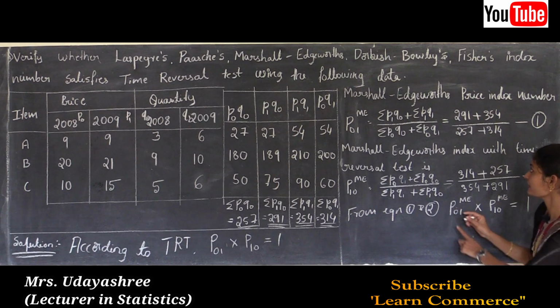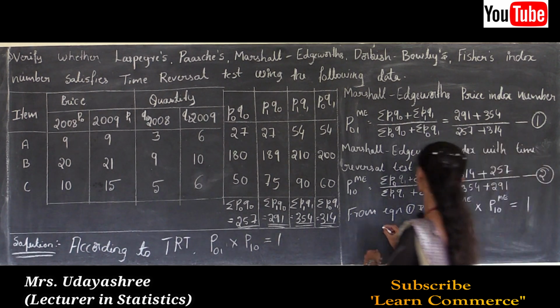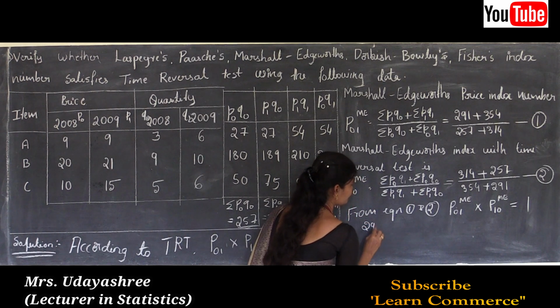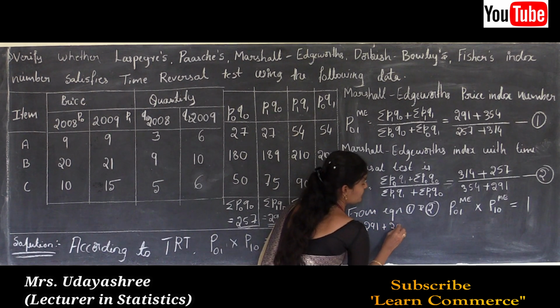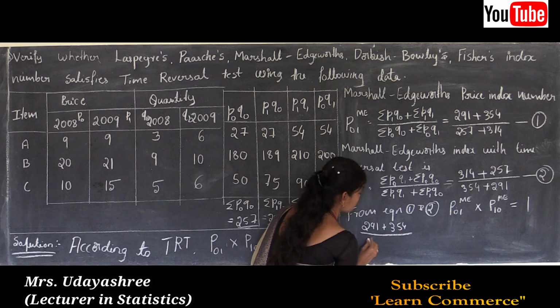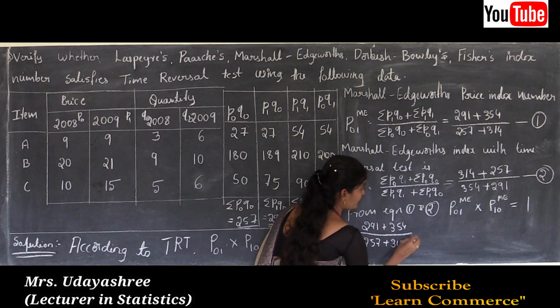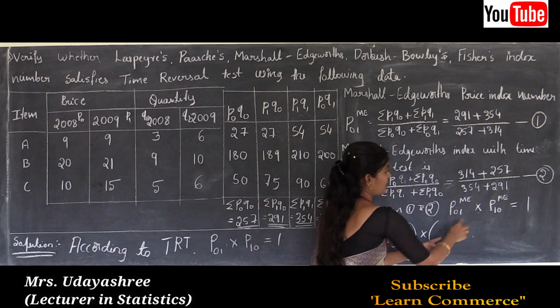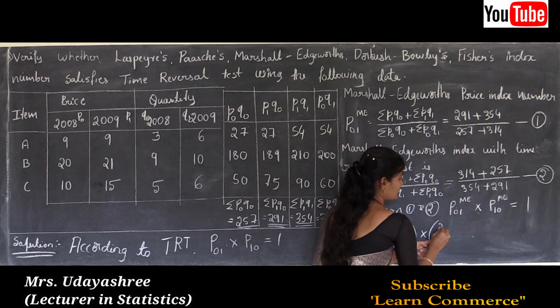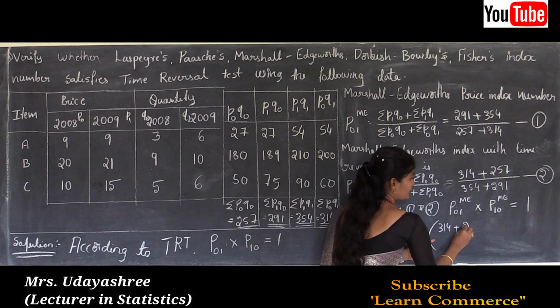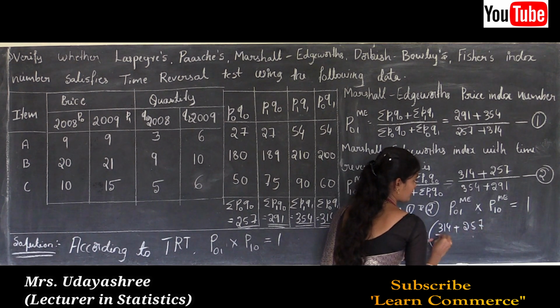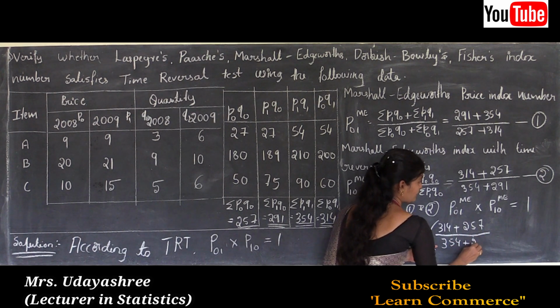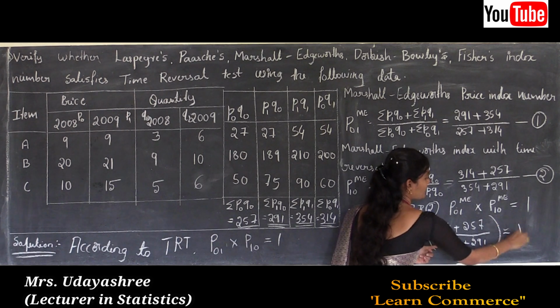Here P01 is 291 plus 354 divided by 257 plus 314, into P10, which is 314 plus 257 divided by 354 plus 291. This is equal to 1.